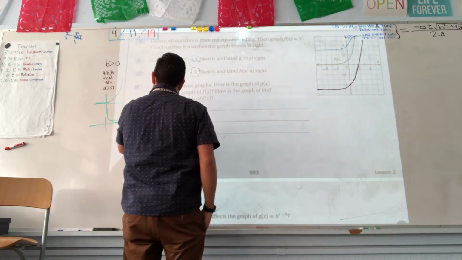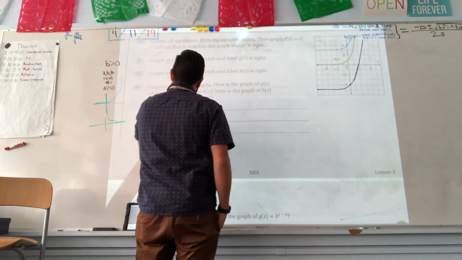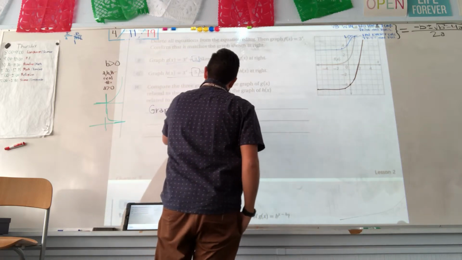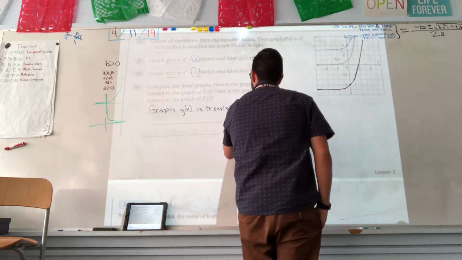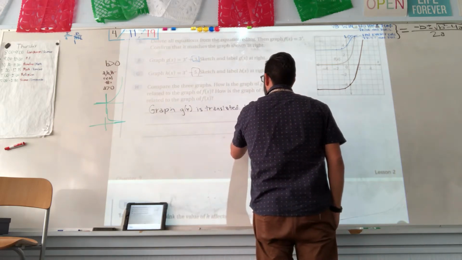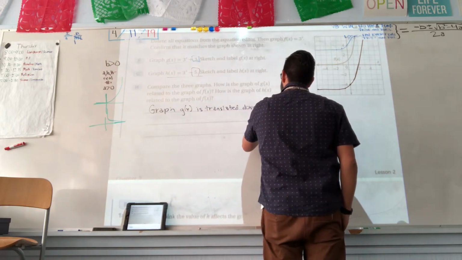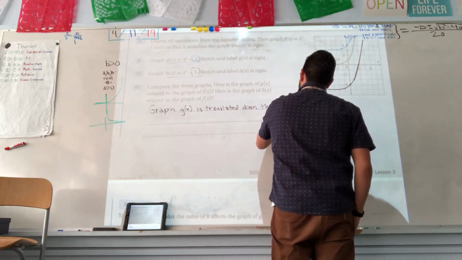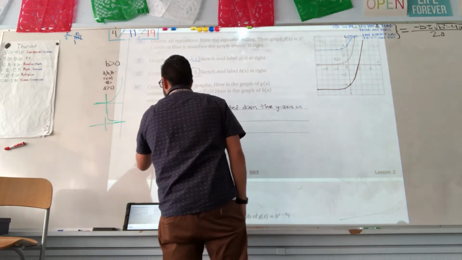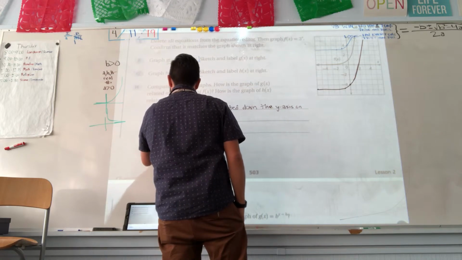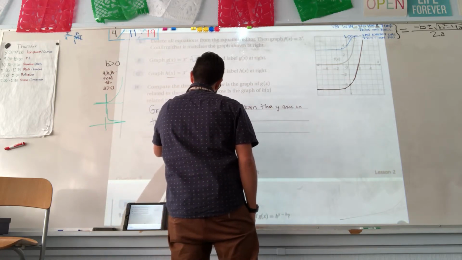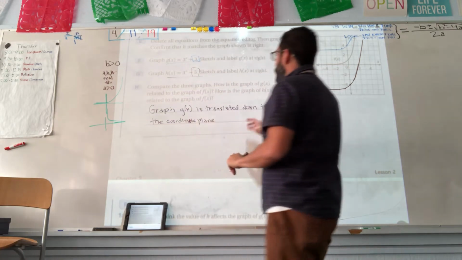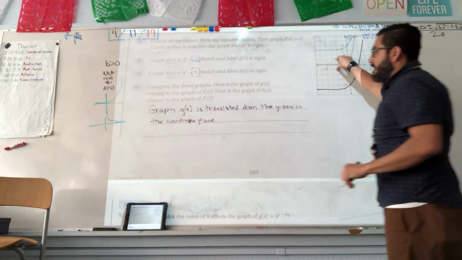Graph g of x is translated up the y-axis on the coordinate plane. Okay, and then how is h of x compared to f of x?